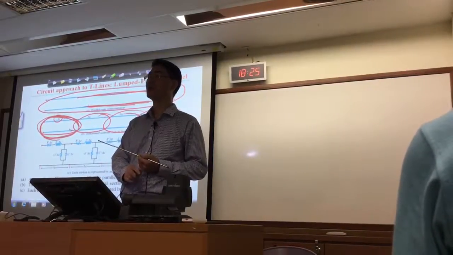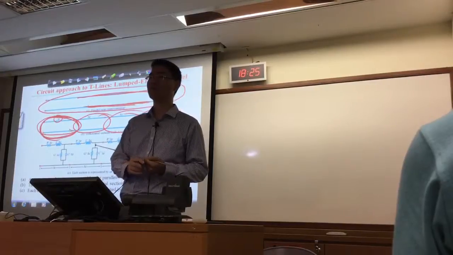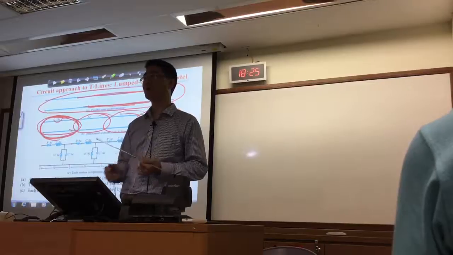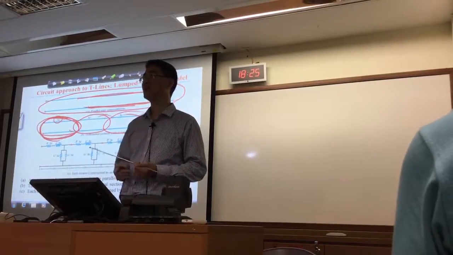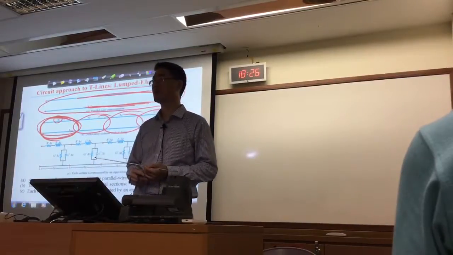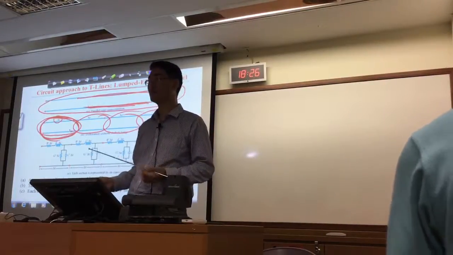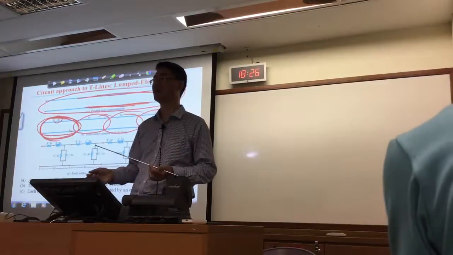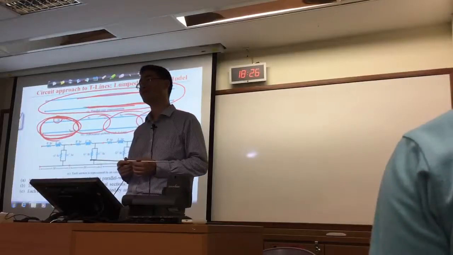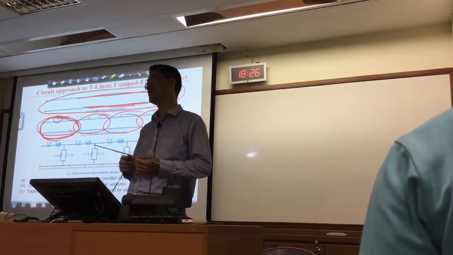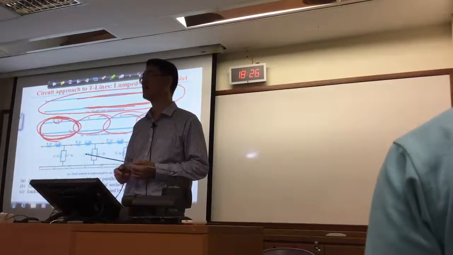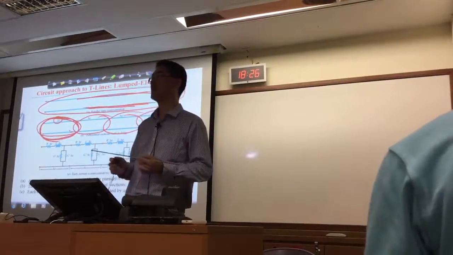Then we cascade the multiple sections together, and then we can characterize and understand the transmission line. That is what you have learned in EE4101E, the engineering electromagnetics transmission line chapter. Here we just review what we have learned.